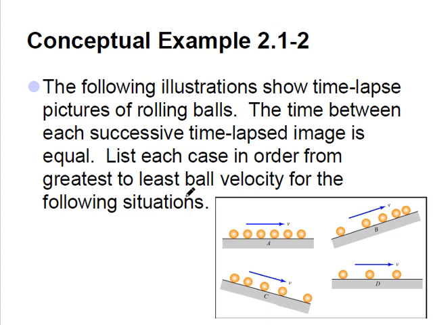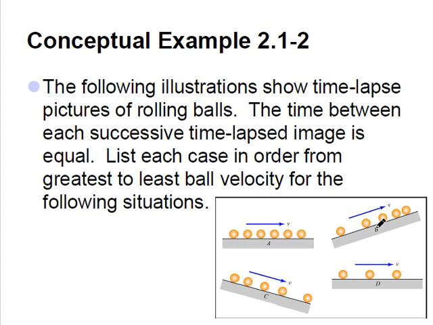Anyway, let's go back to the conceptual example 2.1-2. So this is our problem. It says the following illustration shows time-lapse pictures of rolling balls, rolling that way, this way, and that way, with a velocity in each case.